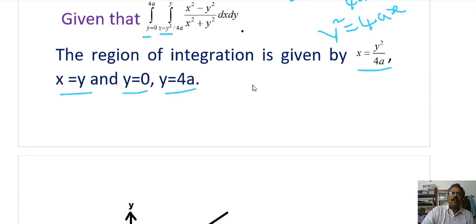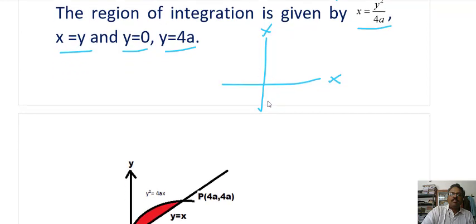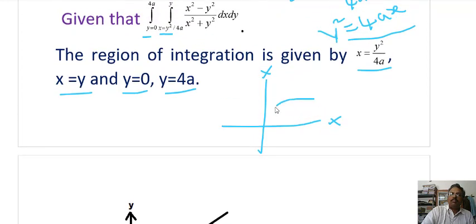Now what about the diagram? This is the x-axis, this is the y-axis. So x square equals to 4ay is nothing but y square equals to 4ax. It is a parabola, y square equals to 4ax.